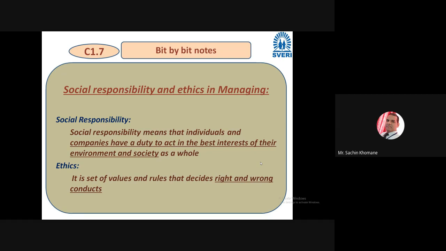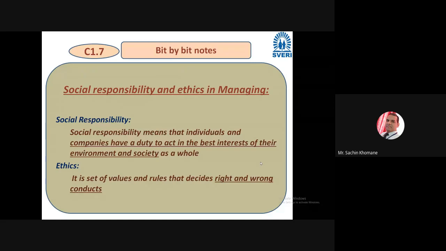The company has a duty to act in the best interest of society and environment. That is social responsibility. And what is ethics? What is right, what is wrong, right? It is a set of values and rules that decides what is right and what is wrong. That is ethics.